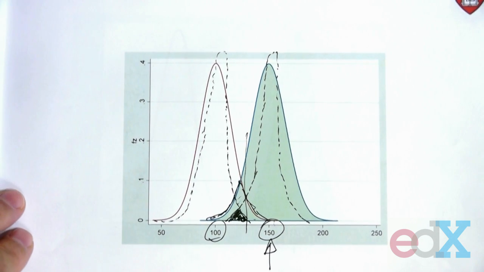Well, let's think back to the central limit theorem. The central limit theorem tells us that as the sample size goes up, the standard deviation, or the standard error, goes down.